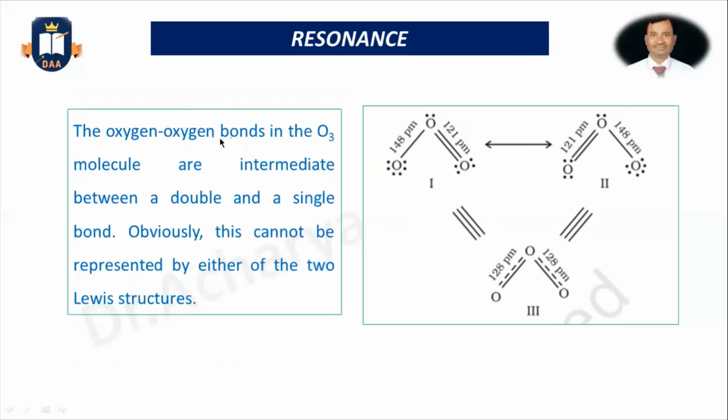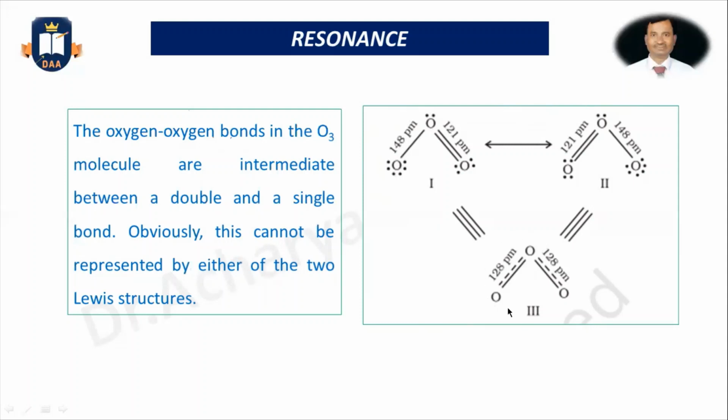The oxygen-oxygen bonds in the O3 molecule are intermediate between a double and a single bond length value. So a single Lewis structure is inadequate to explain this bond length.